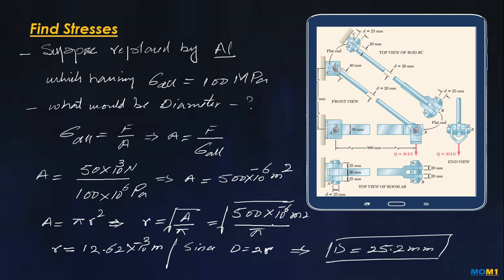So we can see that if you know the allowable stress, then we can calculate the diameter of the rod or the cross-sectional area of the rod by this method.